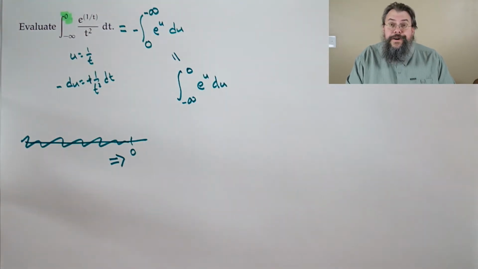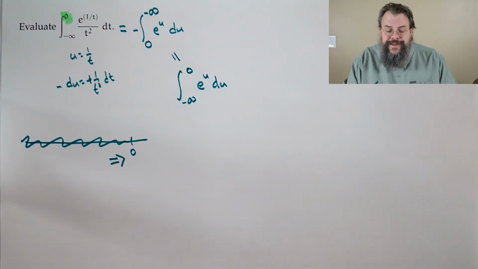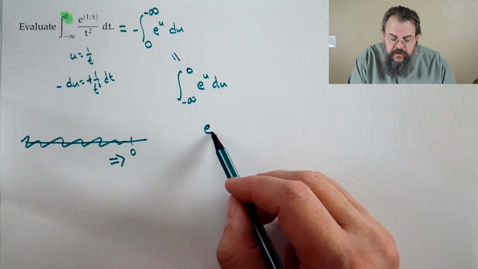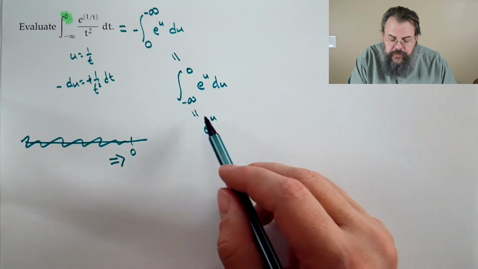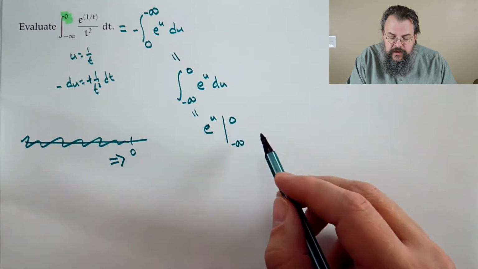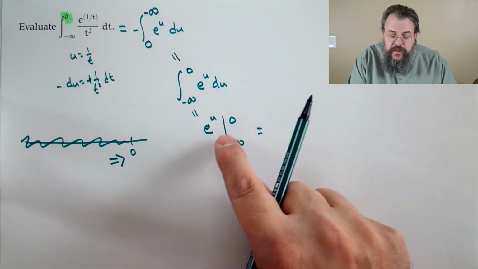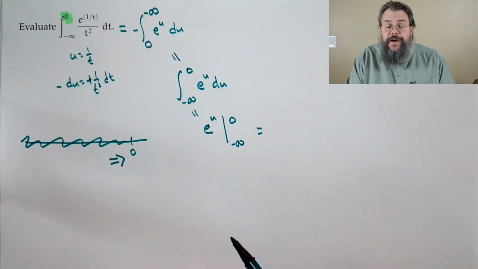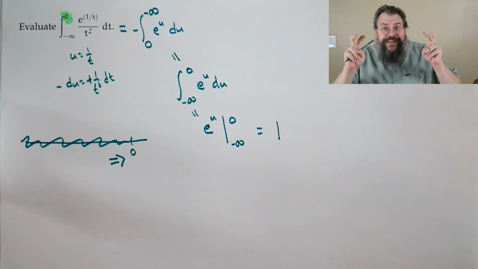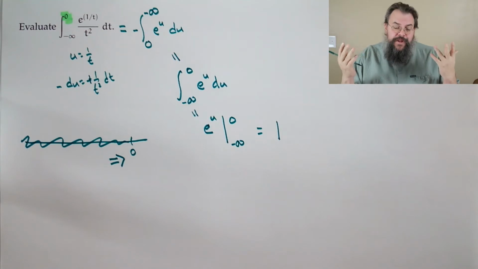All right, well, great. We can do that. The integral of e to the u is e to the u. And then we're going to evaluate from minus infinity to 0. Well, plug in e to the 0, you get 1. Now, when we plug in, okay, so what do we mean by plug in?